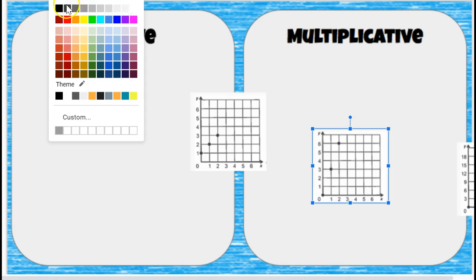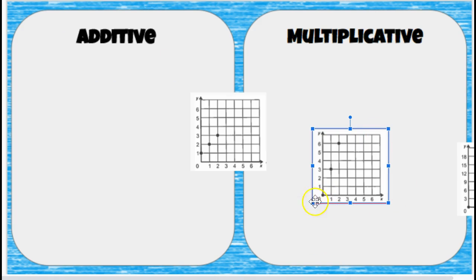So this one is 0, 0. This one is over 1, up 3, because a baby crawls over before it walks. So you do the X first and then the Y. So that's 1, 3, and then you go over 2 and up 6. So you have 2, 6.